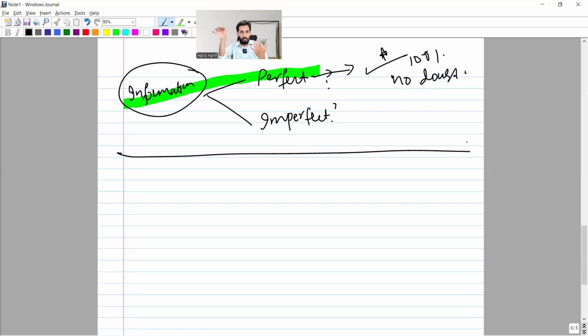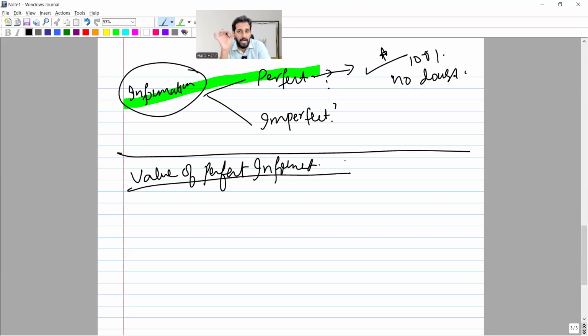I will be assigning the probabilities, analyzing the news channels and the political and economic elements, in search of the perfect information in which there should be no doubt. If I'm making so many efforts for you, definitely I will charge money, and that's called the value of perfect information.